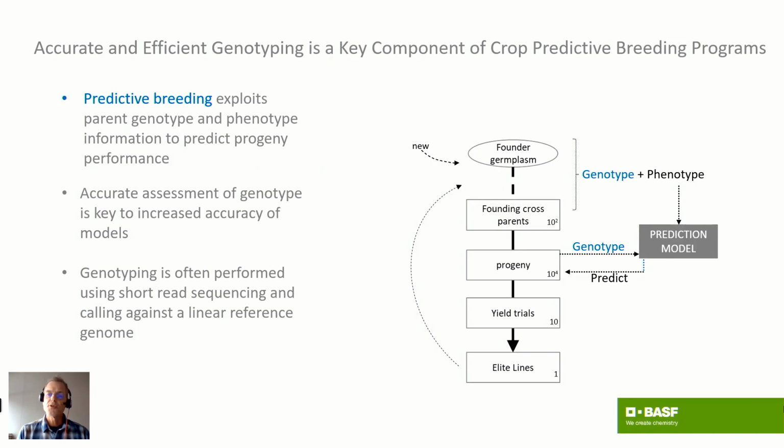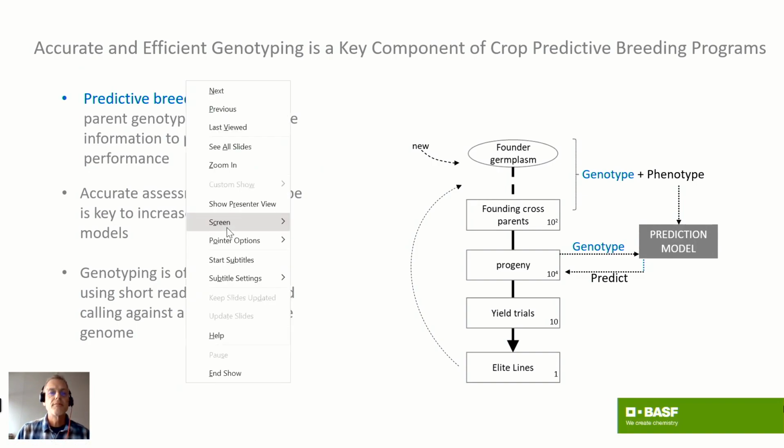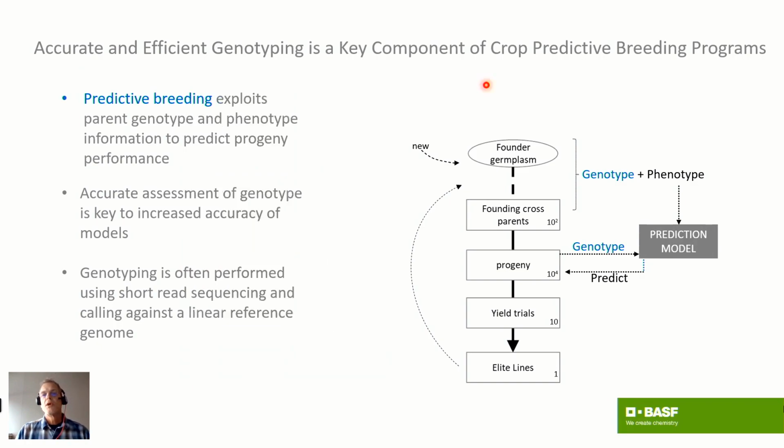We work on cotton and soybean, and I'll show you a generalized breeding scheme for inbred crops like soybean or cotton, starting with founders and parents and creating populations that over successive generations are trialed in the field to select lines with optimal performance. This is the traditional way, of course, and we're moving to exploit predictive breeding to make this more efficient.